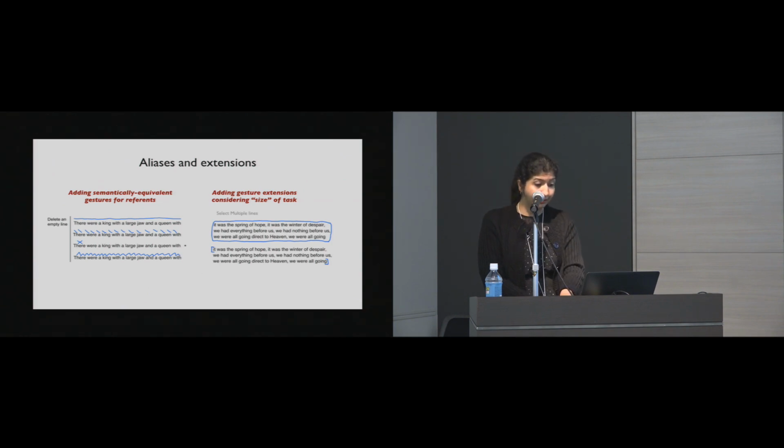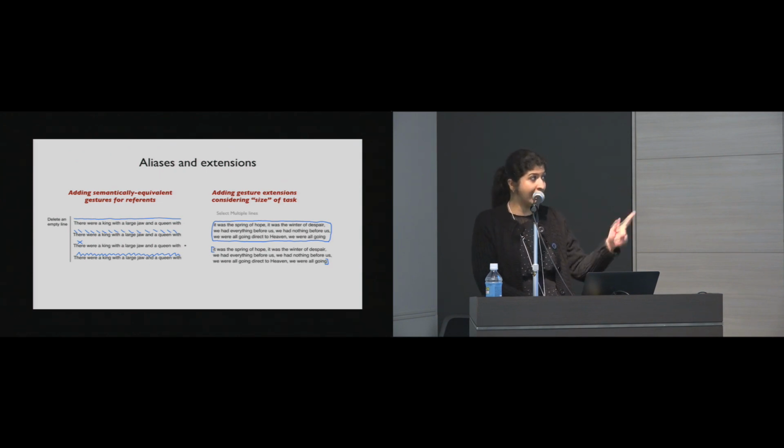And we also added a couple of extensions to our gesture set, based on the size of the tasks. So for instance, for the select multiple lines task as shown in the slide, the first gesture was the dominant gesture that was used by most participants. But for the purposes of the task, the text consisted of only 3 lines, but in practical scenarios, you can expect the text to be much longer.